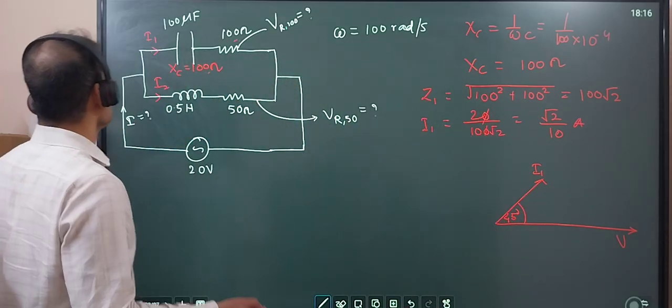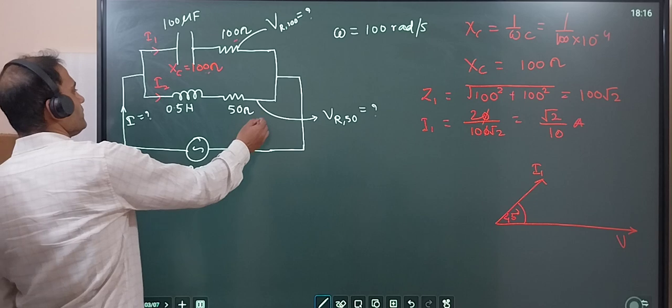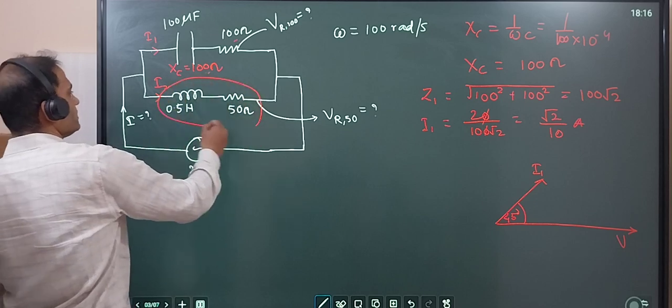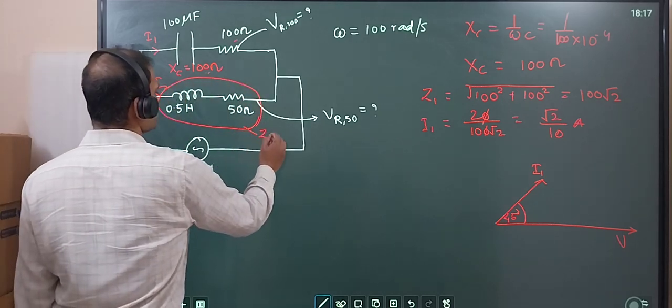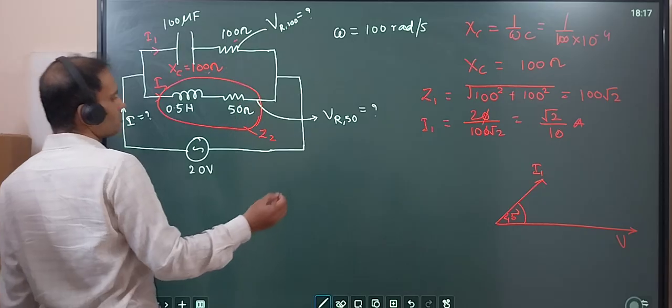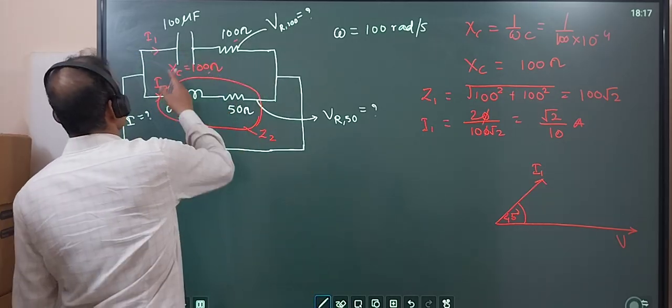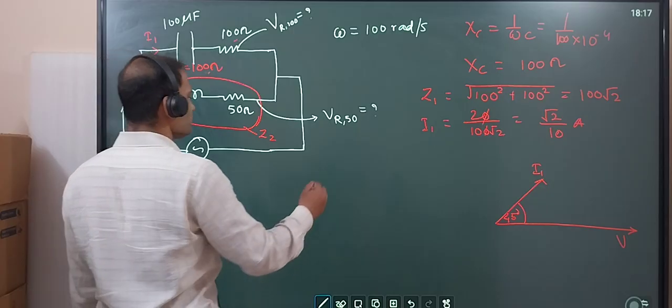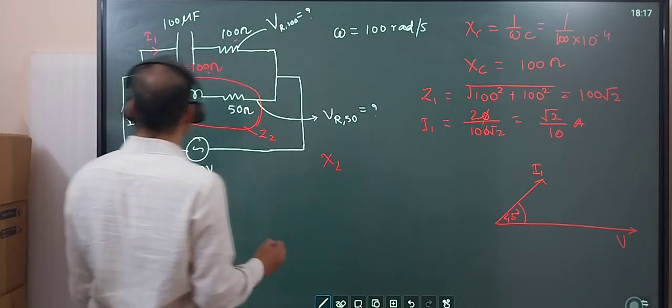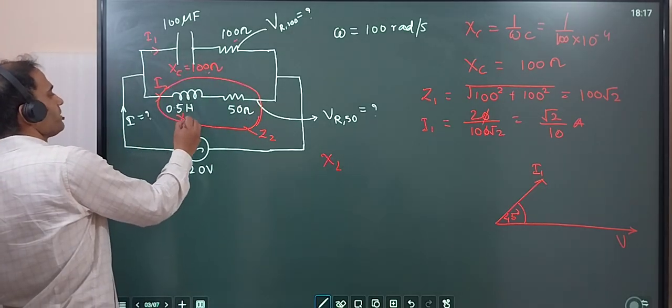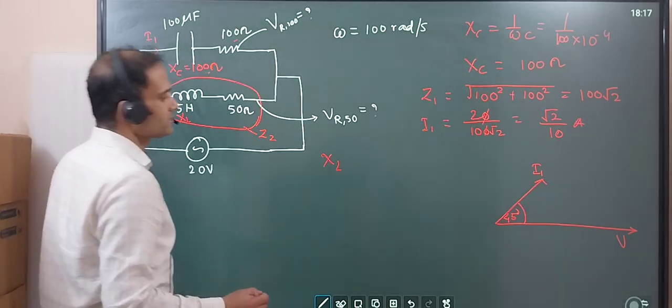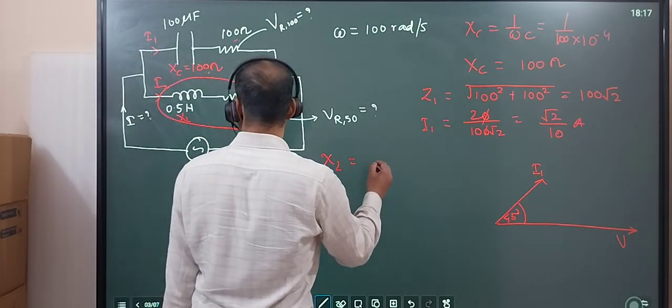Now to find I2, we will find impedance from here to here. I will call it Z2. What will be Z2? First I will find XL. XL means impedance of this part. XL will be omega L.